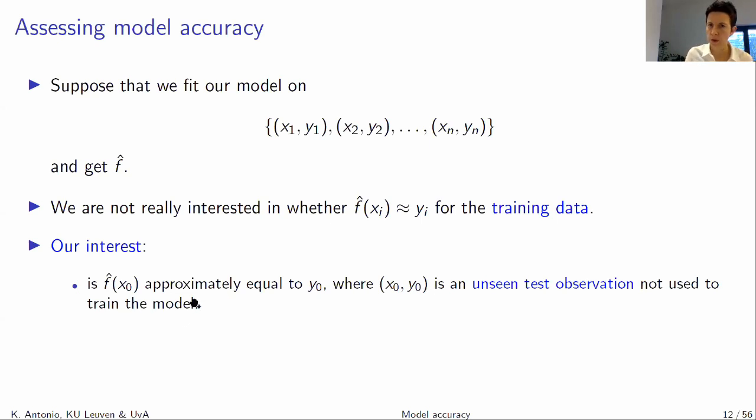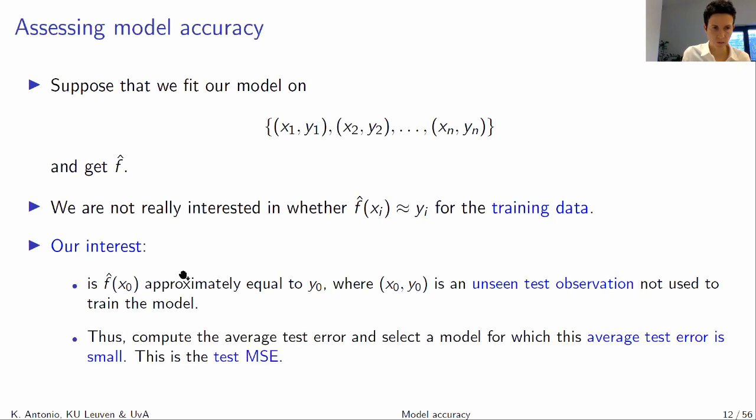So the message here is we actually want to make this distinction between training data on the one hand and new test data on the other hand. What is our interest when establishing a good predictive model is to see how this f hat that we built on a given training data set generalizes to a new data set, a new test set, right?